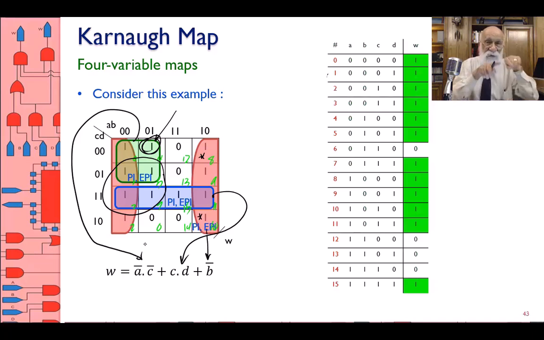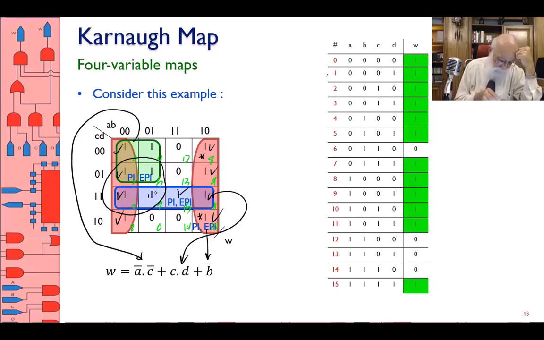Now I'm done with the essentials. The thing to do next is to go back and see if there are any min terms that are not covered. Well, the pink one covers these 4 and these 4. The blue one covers these 4. And the upper left hand one covers this, and this.